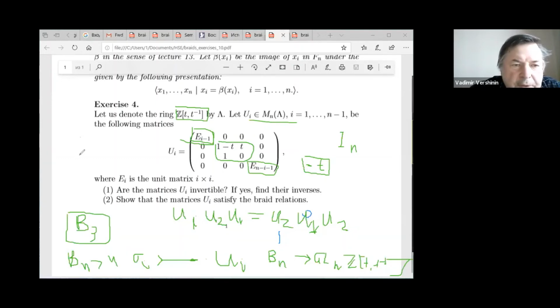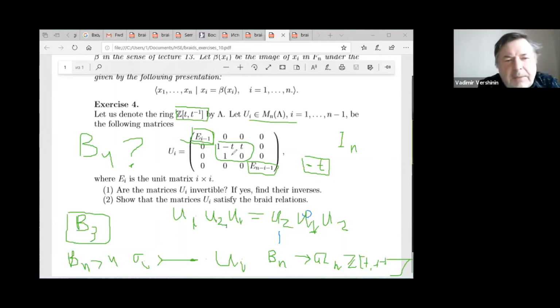And for B3, this is a classical fact. For B4, it is still unknown whether this homomorphism is a monomorphism or not.